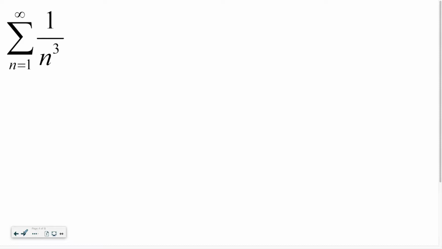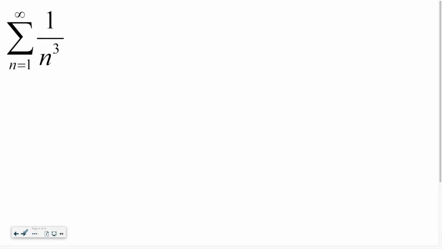How about, and we'll do this together. What test would you like to use? Why don't we just use the limit test? The limit test, yeah, because 1 over infinity is 0, which tells us nothing.